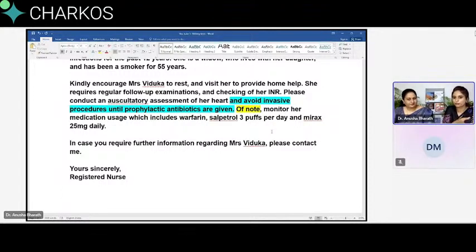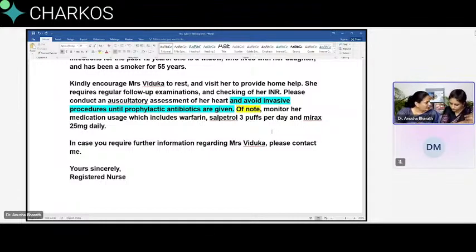They'll be conducting follow-up exams, checking the auscultatory, checking their respiratory rate and everything. So it is very important for them to also know what medications the patient has been using. Here in this particular letter, we have stated off note, which is nothing but important note. That is all it is. Monitor her medication usage, which includes warfarin, salmeterol 3 puffs daily, and Mirax 25 mg daily.